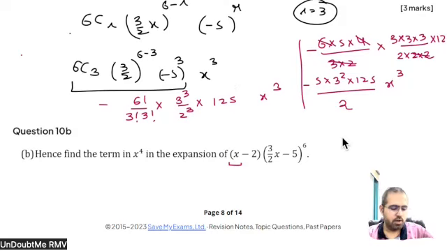there is a slight change in it. There's a small twist in this particular question. There are two ways with which we can create x to the power 4.